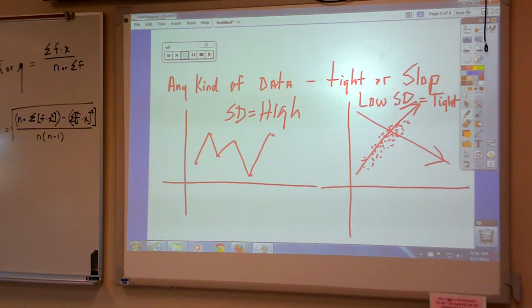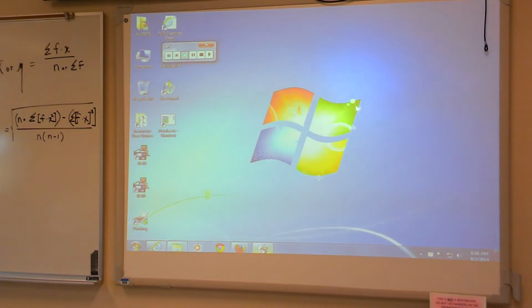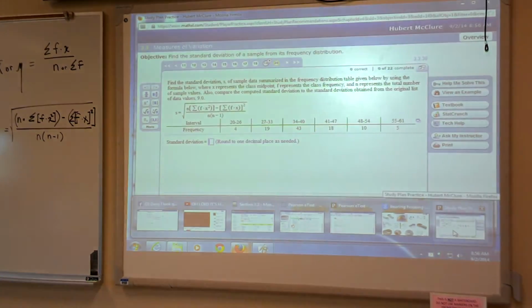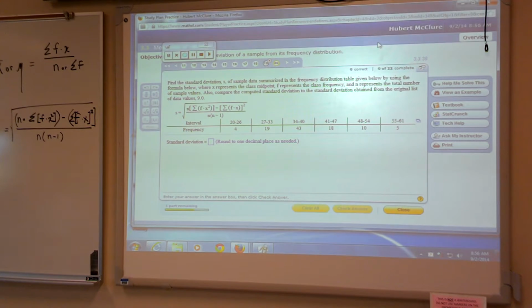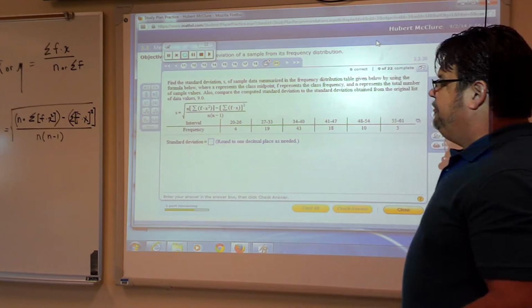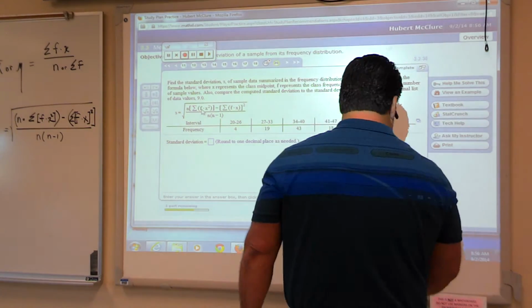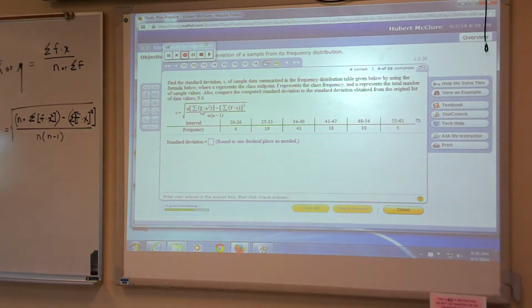So let's go back to our handy dandy problem, and we're going to find the mean and the standard deviation. Now, what is F? F is frequency. So you need to write that down.